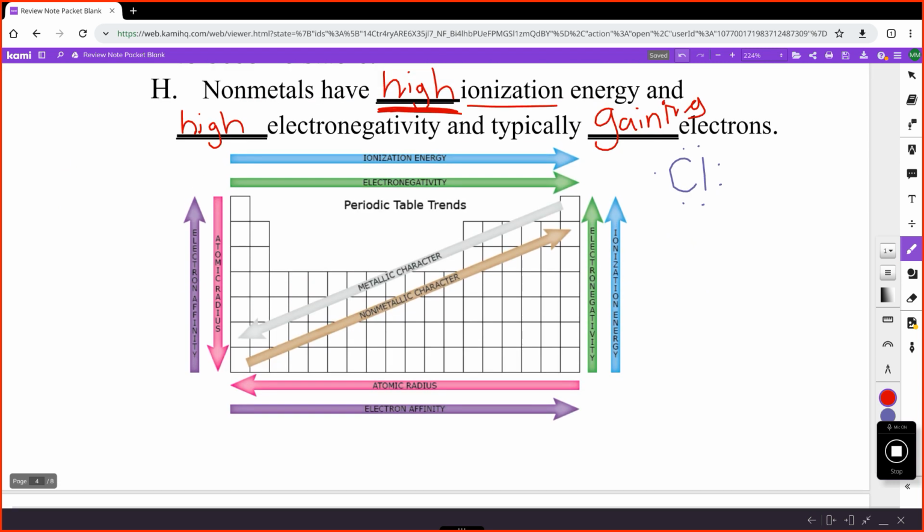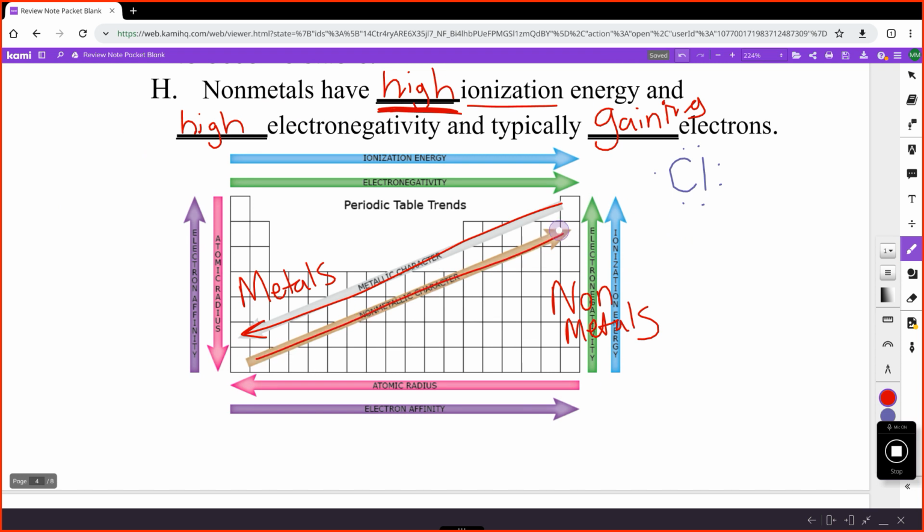So, here are some of the trends that we're going to talk about on the next page, but I can talk about them right now. These are our metals. These are our nonmetals. Metallic characteristic increases as we move down this way for the reasons we mentioned before.